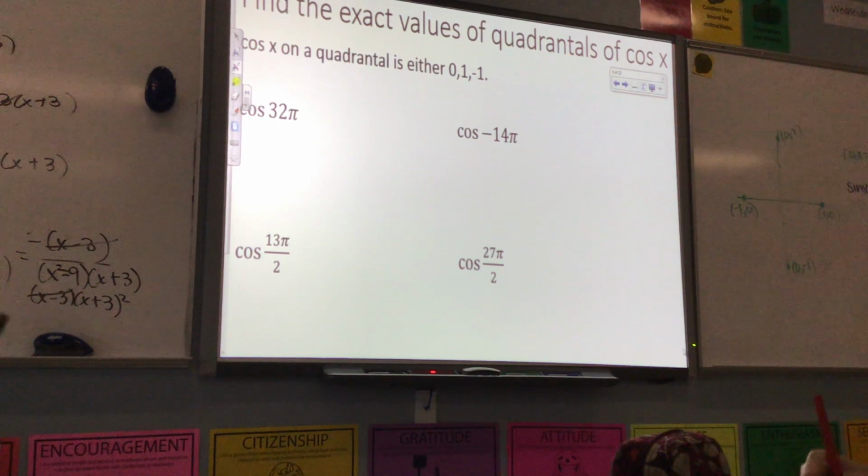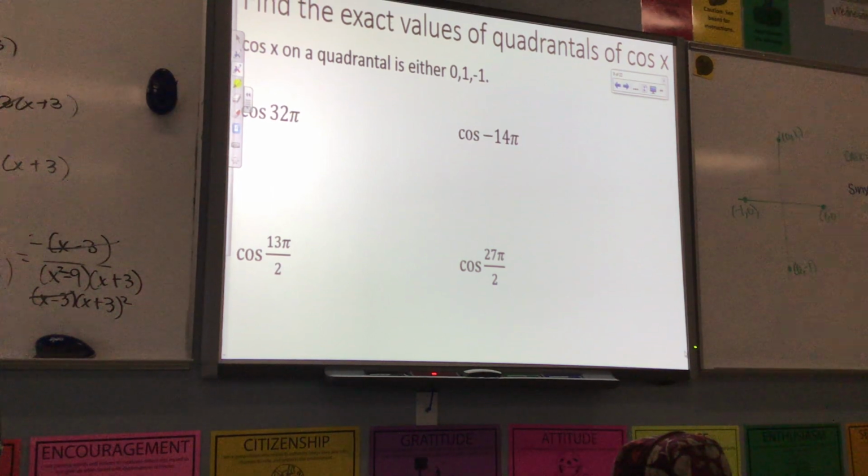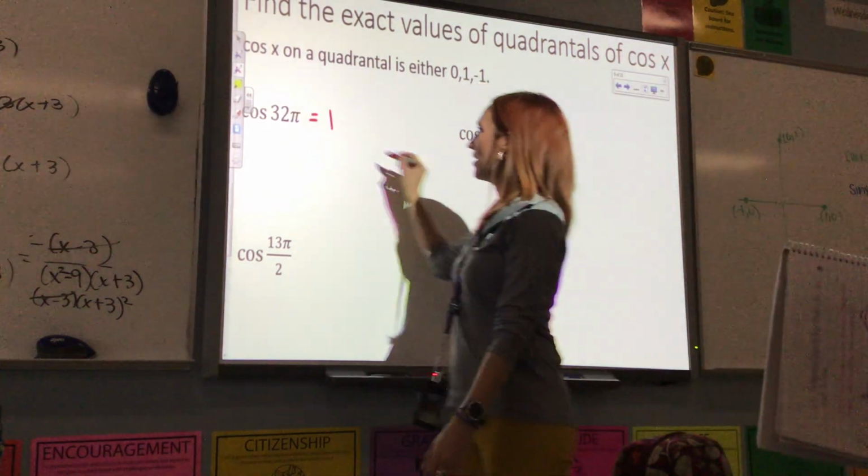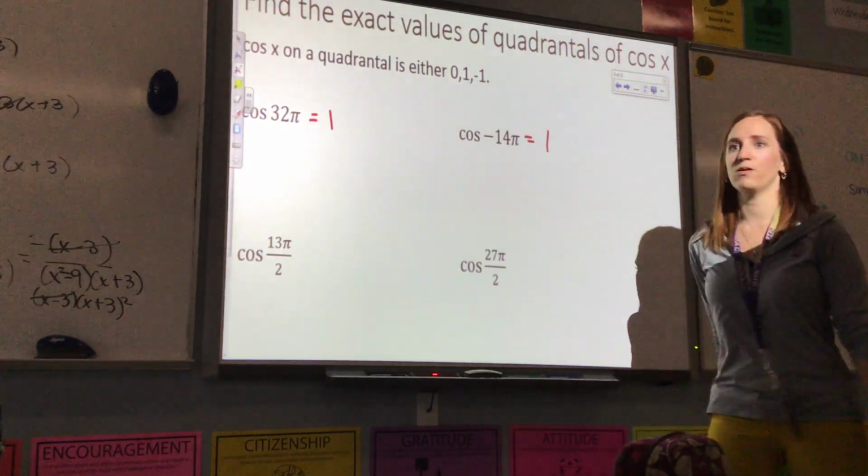Even. So your maxes are always at an even number times pi. Your minimums are always at an odd number times pi. So looking at these immediately, since they're both even, what's the answer to both of those? 1. You don't have to find a coterminal, you don't have to do anything because that's an even number, and I know my pattern, those will both be 1.